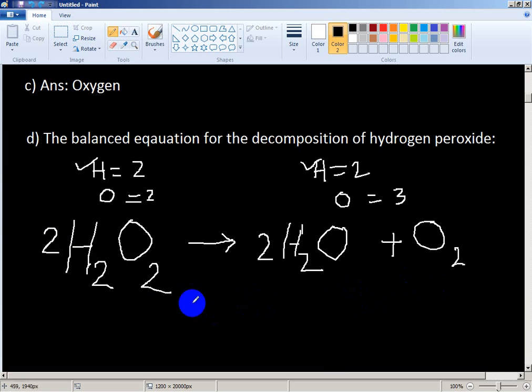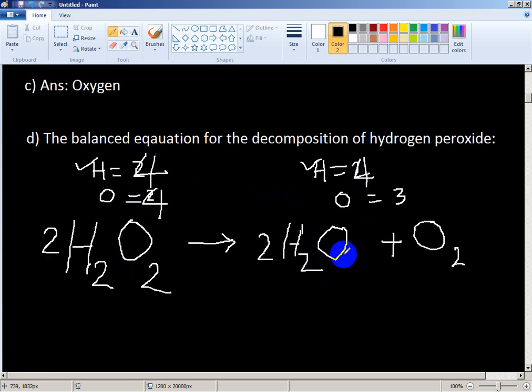Okay. Now hydrogen here is 4, here it is 2 multiplied by 2, hydrogen is 4.